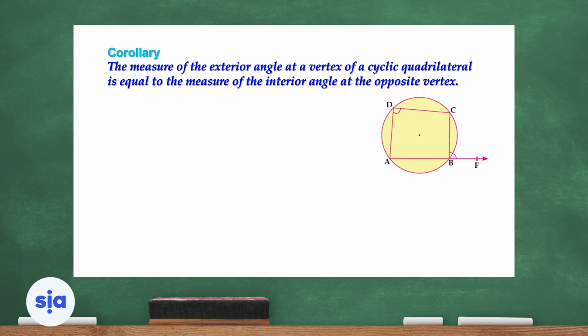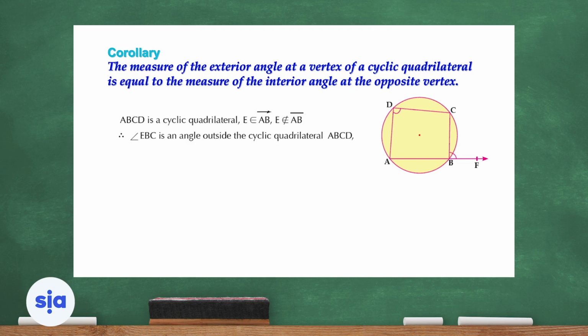The exterior angle, in this case, is angle CBF. It's an exterior angle at a vertex of the cyclic quadrilateral. It will be equal to, where's the opposite interior angle? Yes, angle D. So it will be equal to the measure of the interior angle at the opposite vertex.